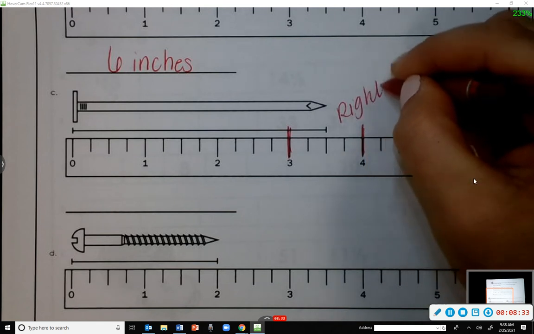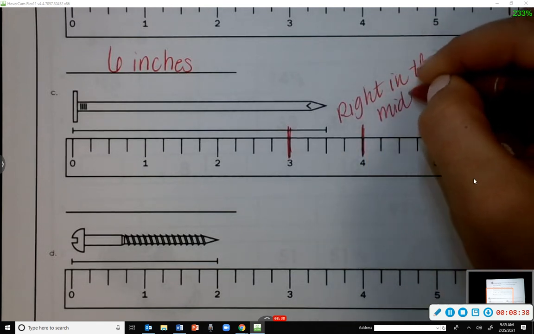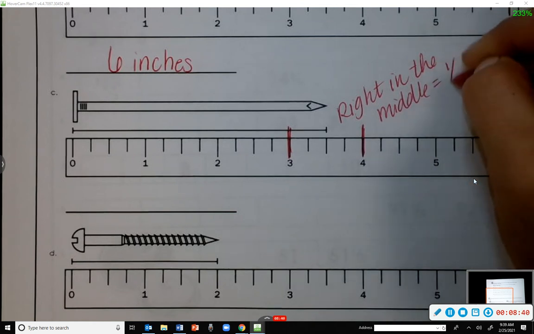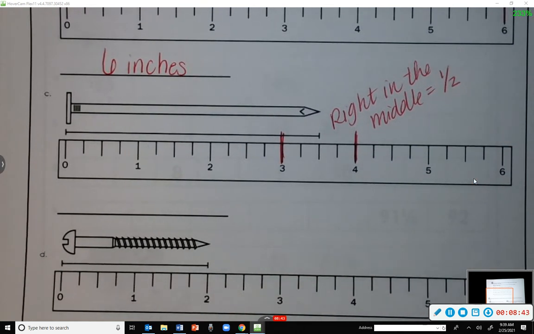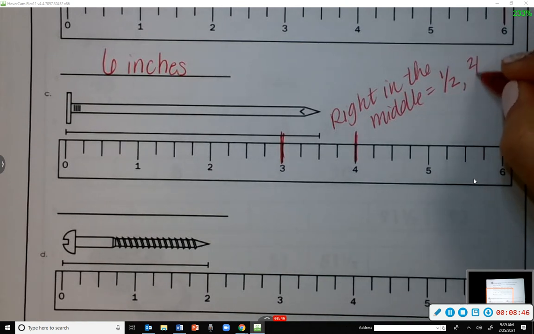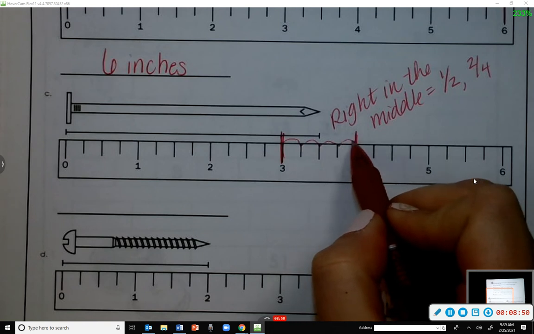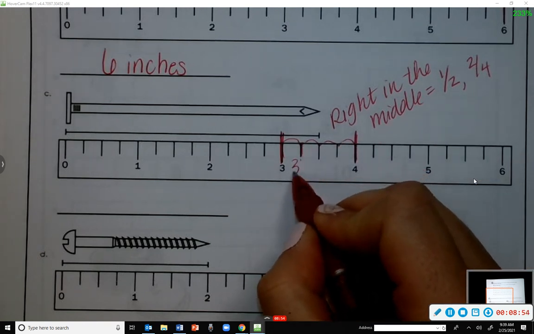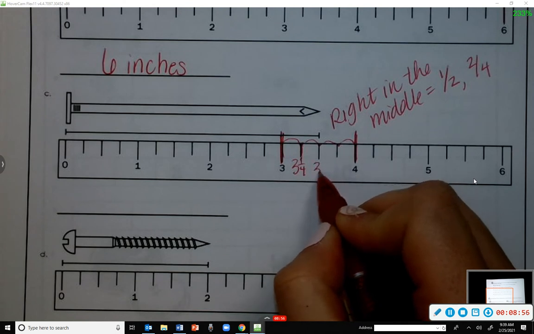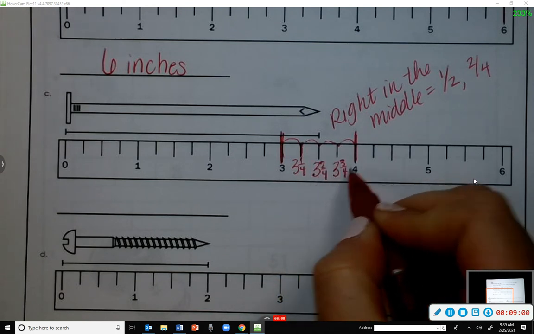Or it would be 3 and 2/4. Okay, so we could also say it's 2/4 because it's split into 4 spaces. 1, 2, 3, 4. So this first one would be 3 and 1/4, 3 and 2/4, 3 and 3/4.